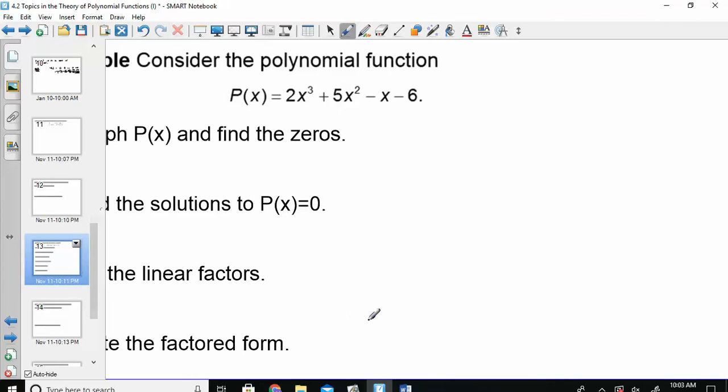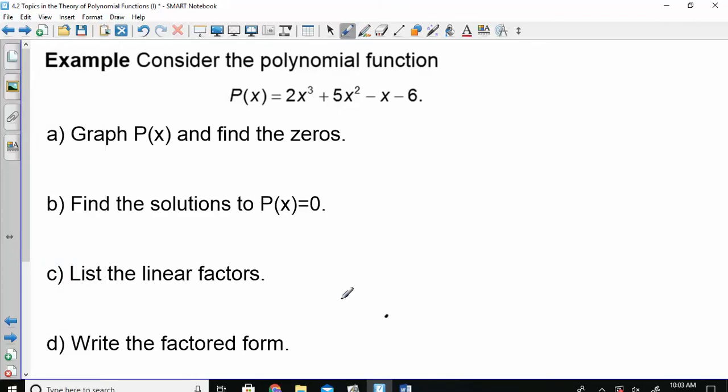Let's look at this problem. Okay, so here is a polynomial. 2x cubed plus 5x squared minus x minus 6.